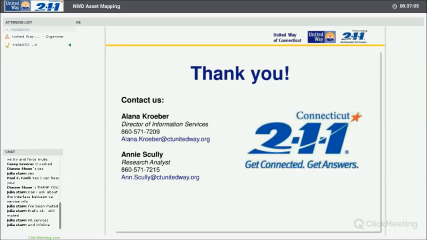So if in the course of going through this process and doing your own community asset maps, you identify VA services that are not listed in the 211 database that you know about, please let us know about those. And I don't think we pulled in all the VA services in the initial data files for the three communities.